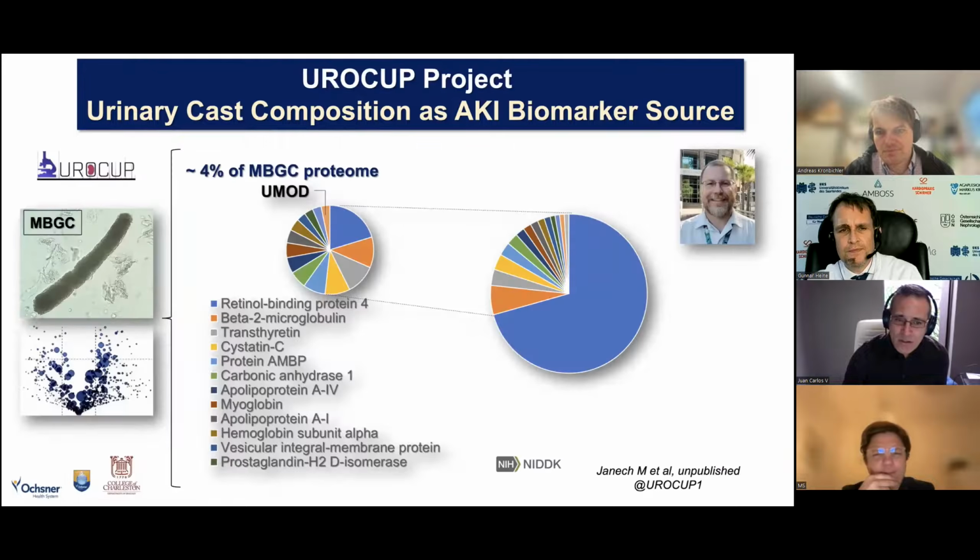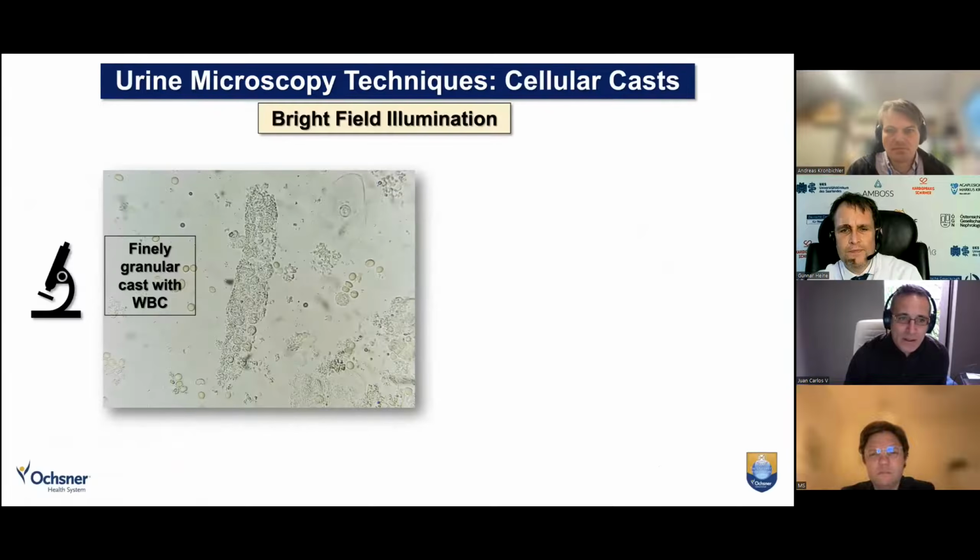Just to give you a sneak peek of that, uromodulin constitutes a very small fragment, only about 4% of the muddy brown granular cast proteome, retinol-binding protein being the most abundant. We're in the process of further investigating this with the hopes of identifying surrogate markers of muddy brown granular casts. But that's a topic for another discussion; I just wanted to share with you the direction that we're going in our lab as well.